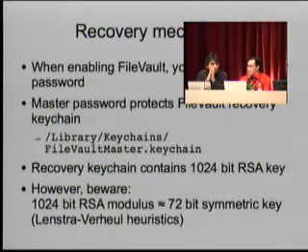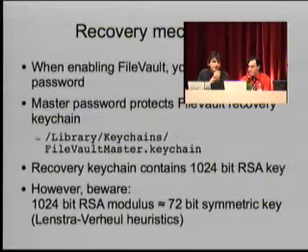Now, the problem is there's something called the Lenstra-Verheul heuristic. And what this does is basically it establishes a mapping between the parameter sizes of symmetric and asymmetric key cryptography. And, well, Apple claims they have 128-bit security, but this, if you have set a master password, is not quite true.